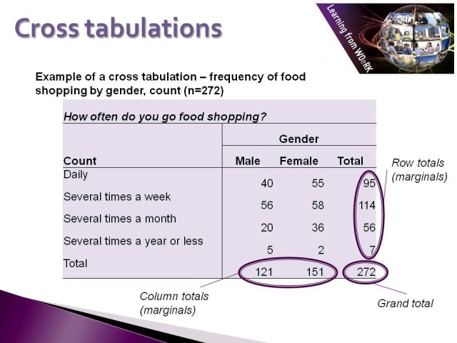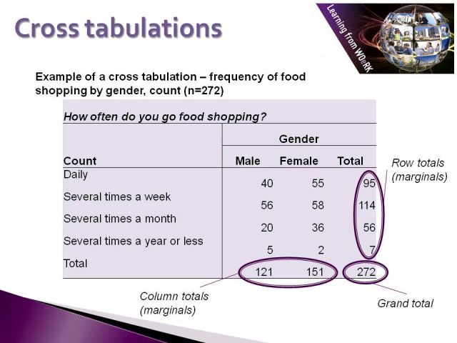We have a number of different totals. We have our row total, so this gives us the total number of responses to daily, that being 40 for male and 55 for female, with a total of 95. We also have a column total, and that is a total for each of the columns, so we have a total of 121 responses for males, 151 responses for females, and then of course we have the grand total.